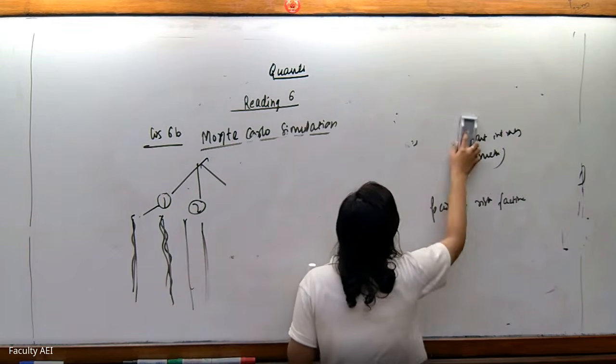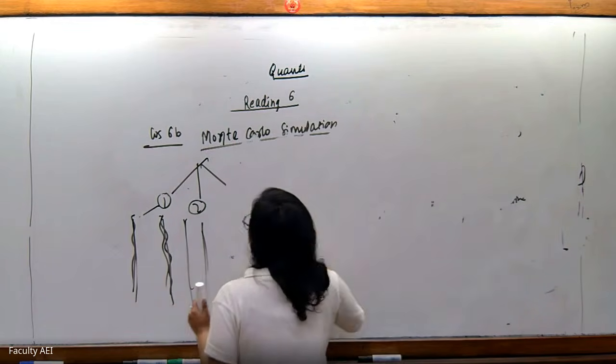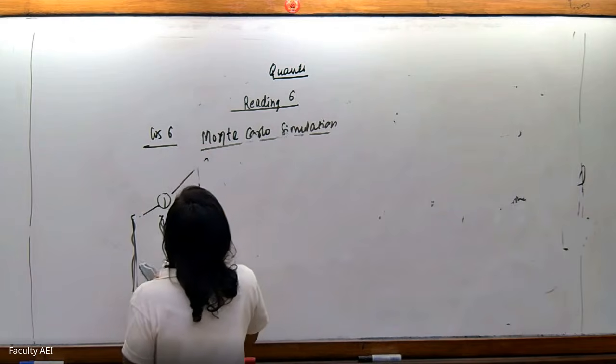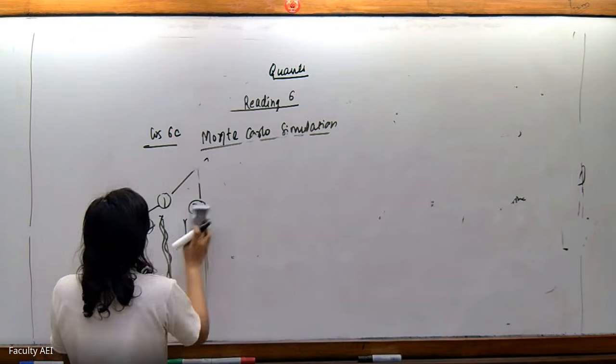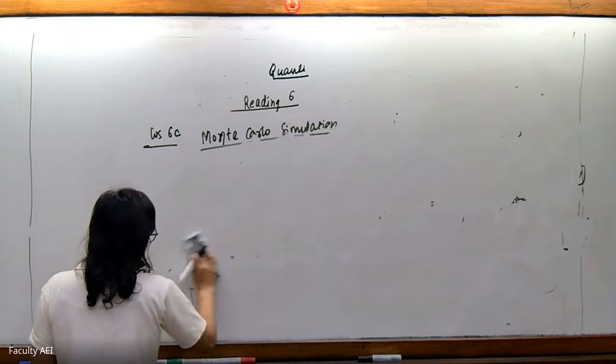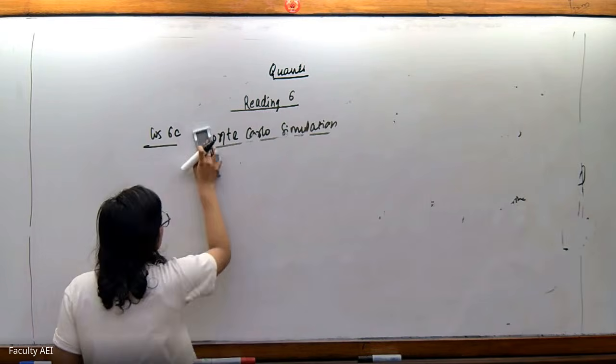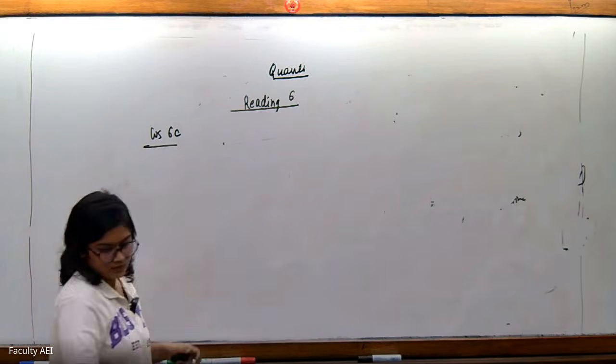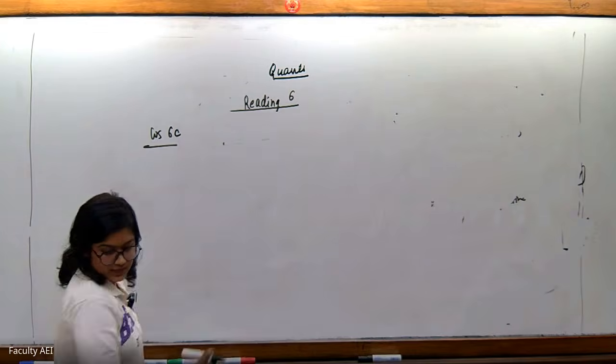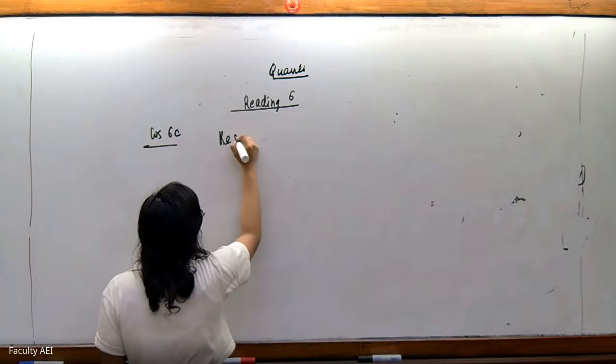The second type of simulation, which is LOS 6C, is resampling.